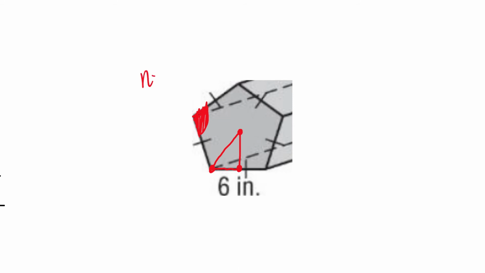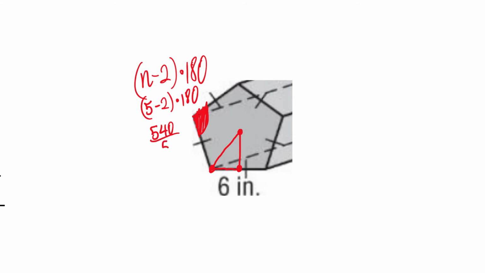Okay, and so the formula is n minus 2 times 180. So how many sides does this have? 5. So if I do 5 minus 2 times 180, what does that give you? It gives 540. But that's the total of degrees. I want to know how big one of these is. So I divide this by 5, and that tells me this is 108 degrees.